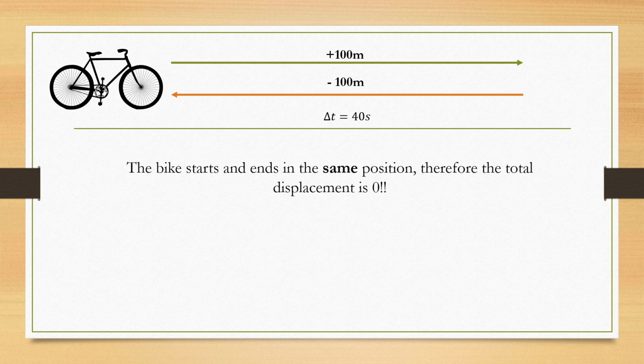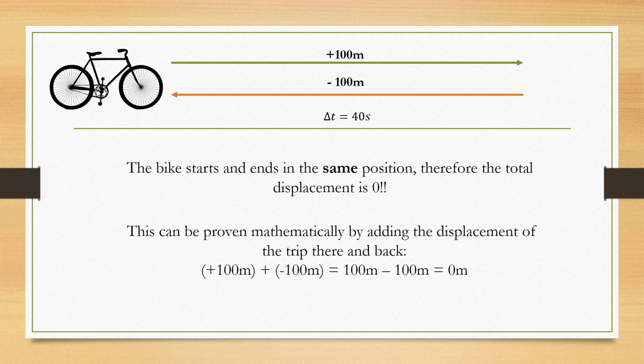The bike starts and ends in the same position. Therefore, our total displacement is actually 0. To show this mathematically, we can add the displacement of the trip out and the trip back. The trip out was 100 meters, and the trip back was 100 meters as well. But the trip back was in the opposite direction, so it's actually negative 100 meters.